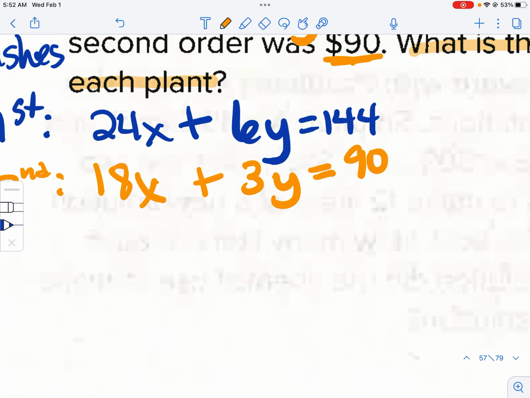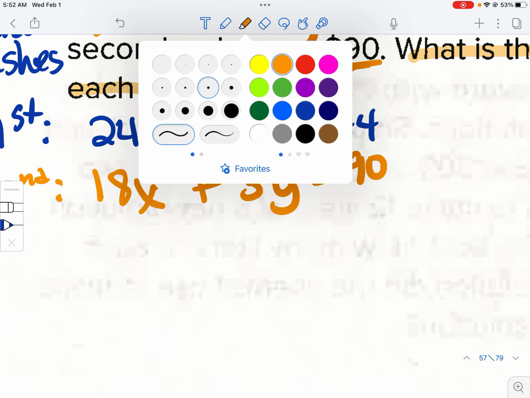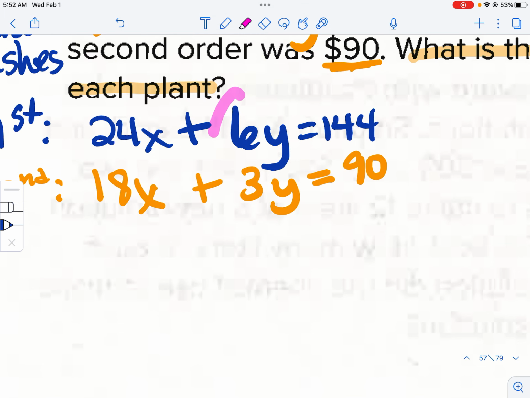So I personally am picking, let's pick a different color, I'm picking for these right here to be opposites of each other. And in order to make them opposites of each other, I need to make 3 into -6.